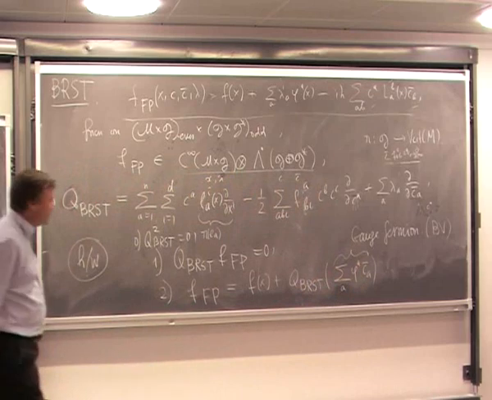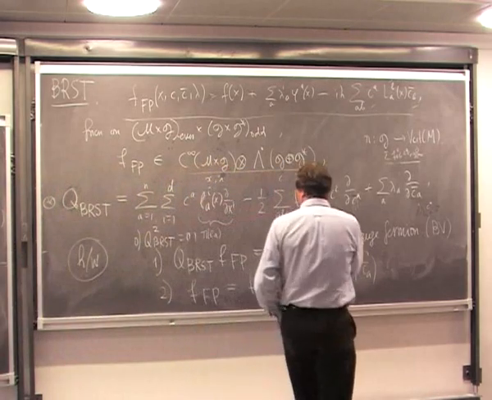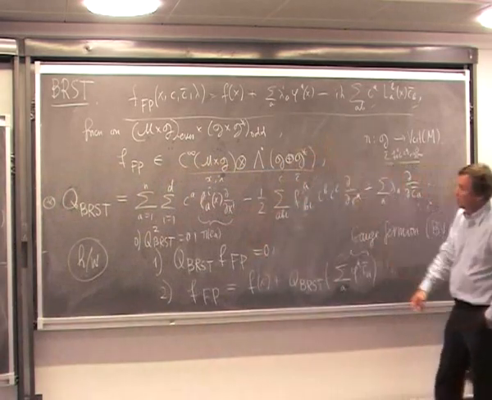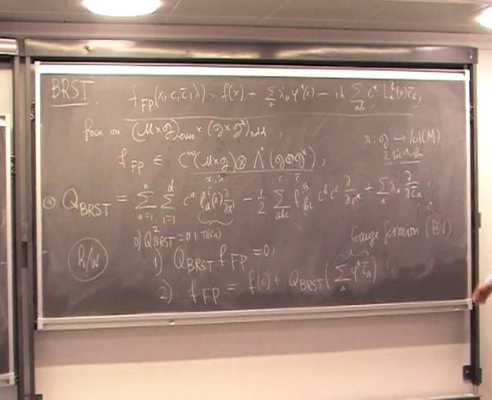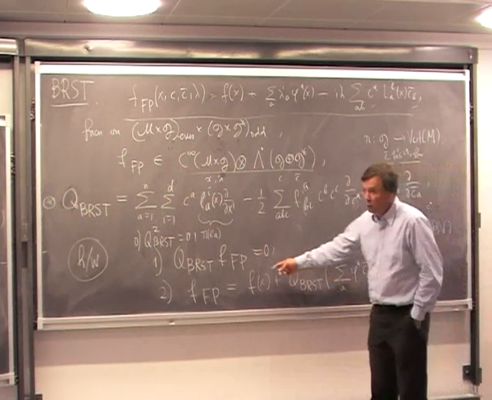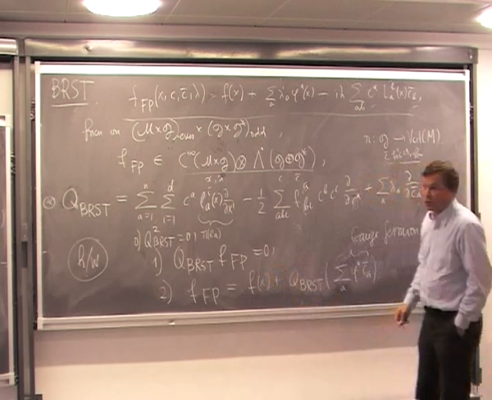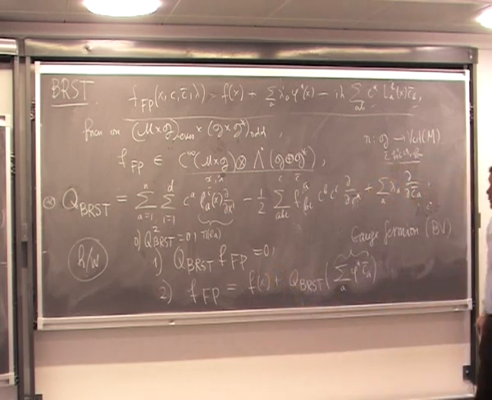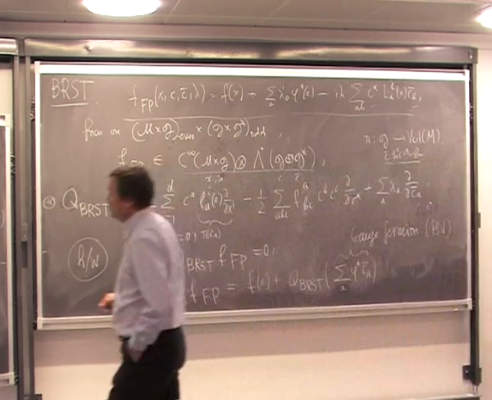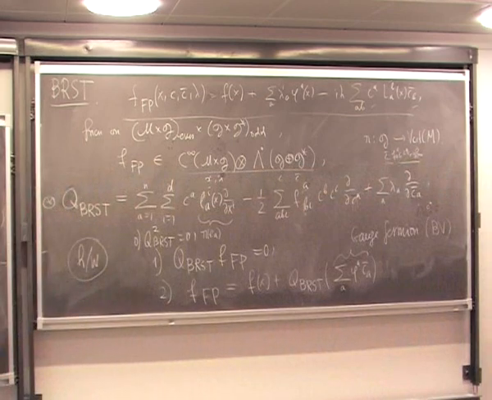So it's a cochain complex, and the Faddeev-Popov action is a cocycle, and the corresponding cohomology class is the initial function f.